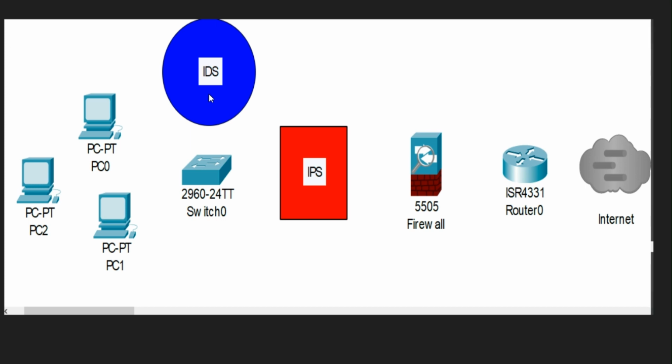You could technically put your IDS in the pipeline, however, it is not recommended and it's not considered best practice. The name of the game, guys, is security and speed. If you have a lot of different devices in your pipeline between your internet and your end host, your data is going to have to travel through a lot of channels, and that could potentially slow down your network.